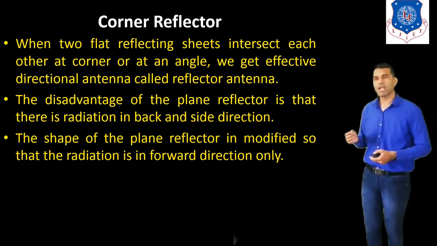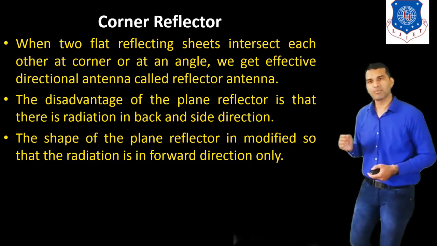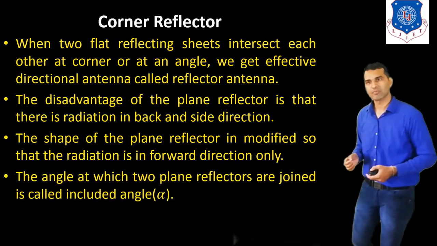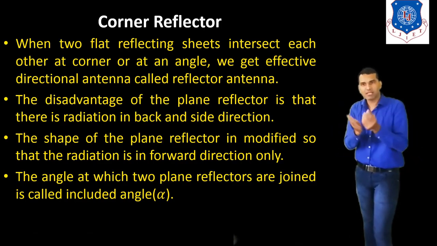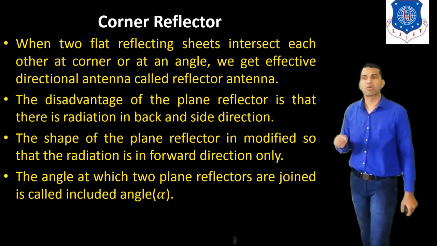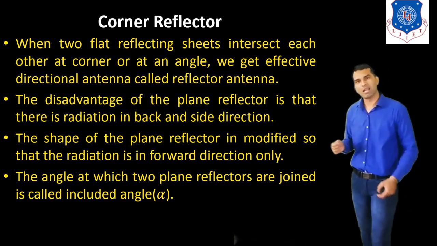The shape of the plane reflector is modified so that the radiation is in the forward direction only. The angle at which two plane reflectors are joined is called the included angle, and it is denoted by alpha.